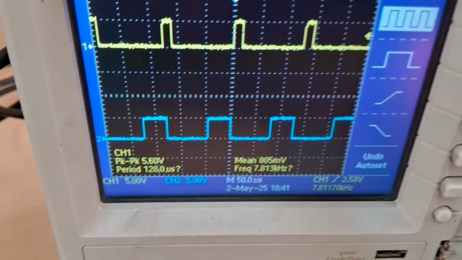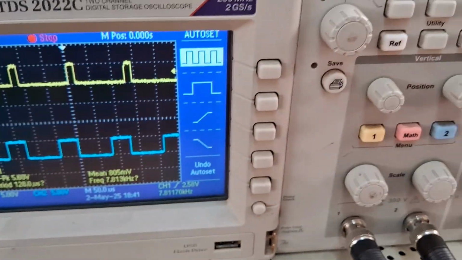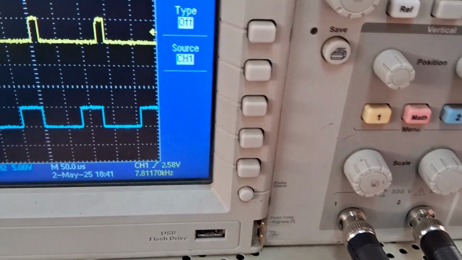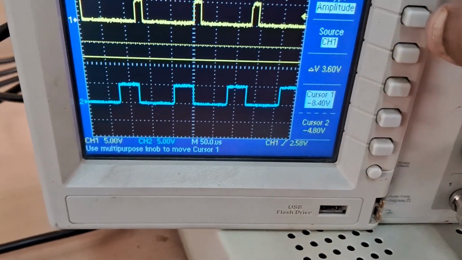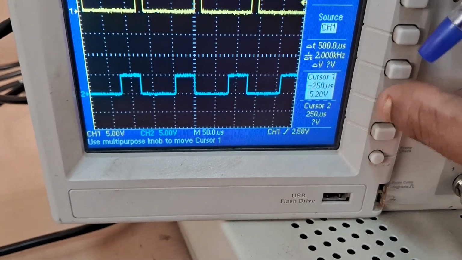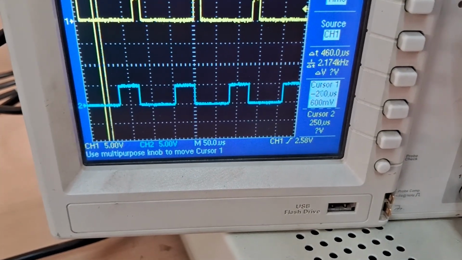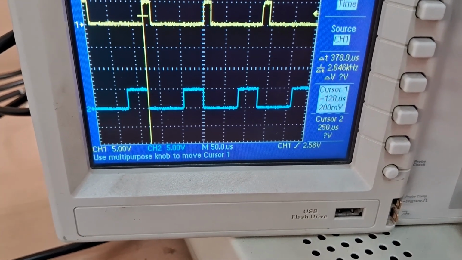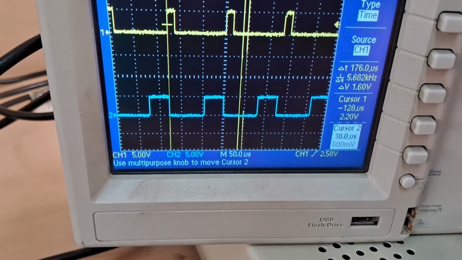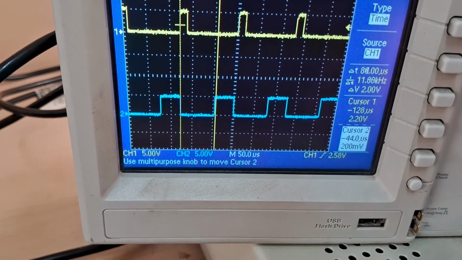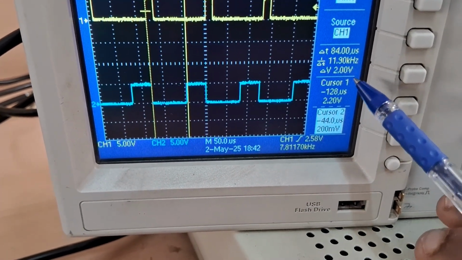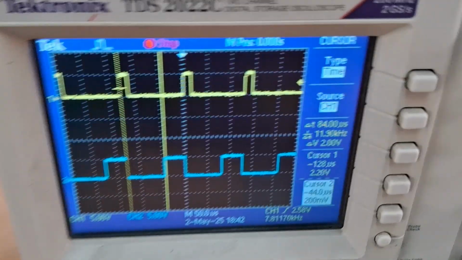You can measure it on the DSO by using the measure and cursor option. Place one cursor at the rising edge of SC, and the second cursor at the rising edge of EOC. What you can see is a delta difference of 84 microseconds.